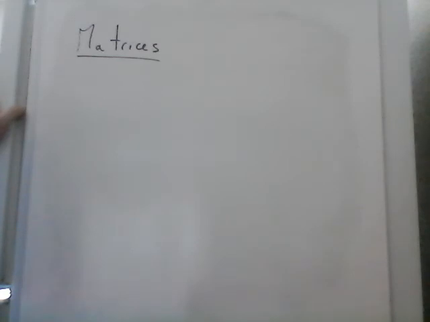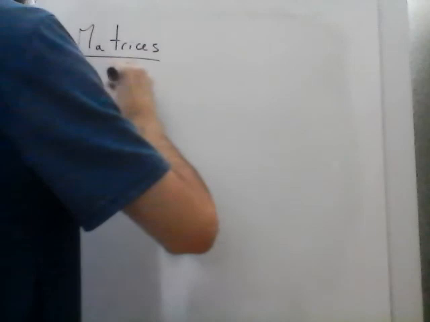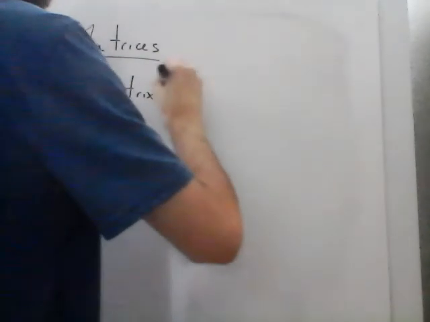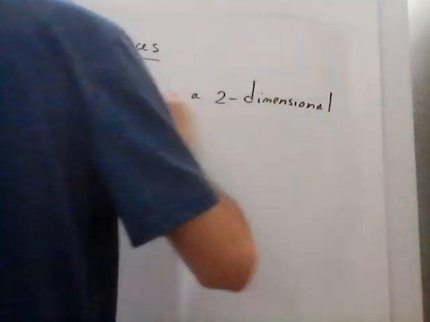So what's a matrix? A matrix is just a two-dimensional array of numbers.